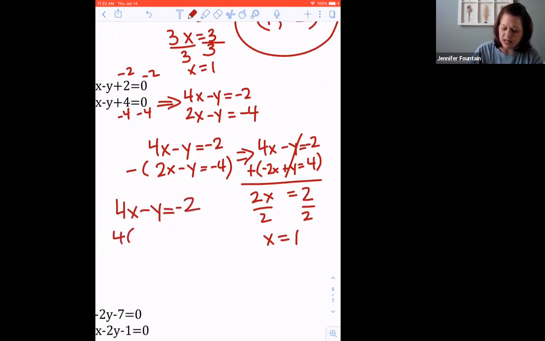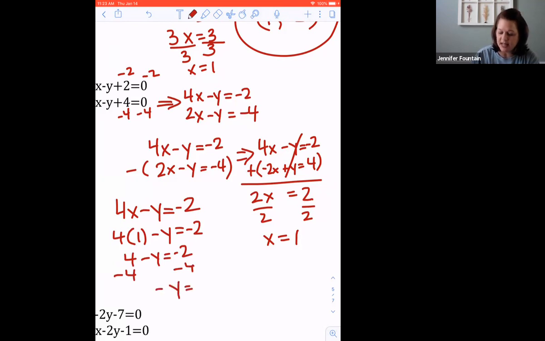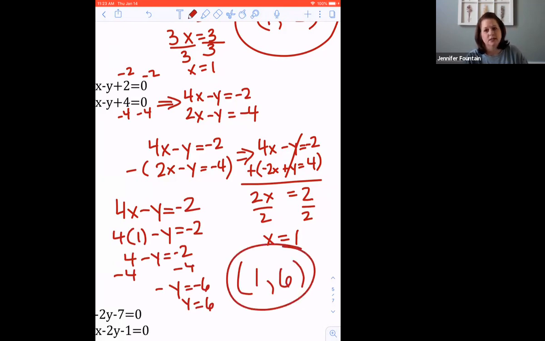So I have 4 times 1 minus y equals negative 2. 4 times 1 is 4, minus y equals negative 2. So I'm going to subtract 4 and subtract 4. So negative y equals negative 6. Therefore, a positive y equals a positive 6. So my ordered pair solution is 1, 6.